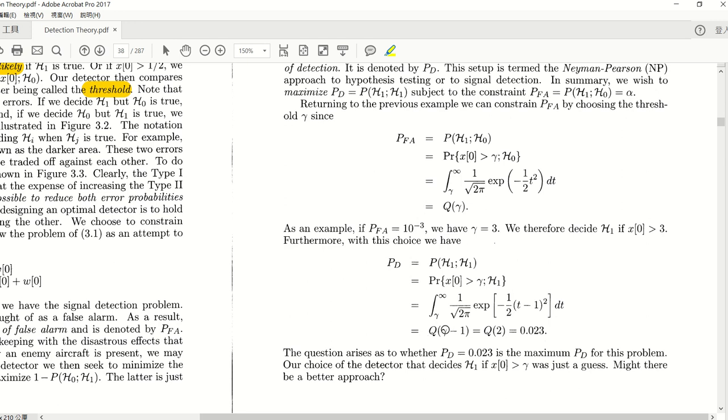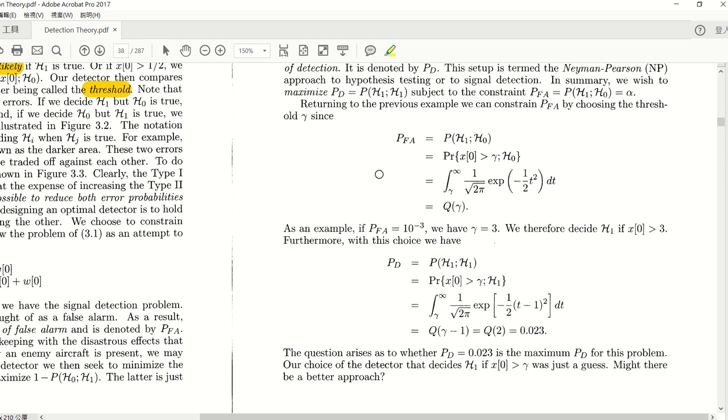Then it will be Q of gamma minus 1, which is equal to Q of 2. And Q of 2 is 0.2023. Of course, you can solve it numerically, or if there is a lookup table, you look the table up, and then you know Q of 2 is something like this. Again, this is numerical, not analytical.